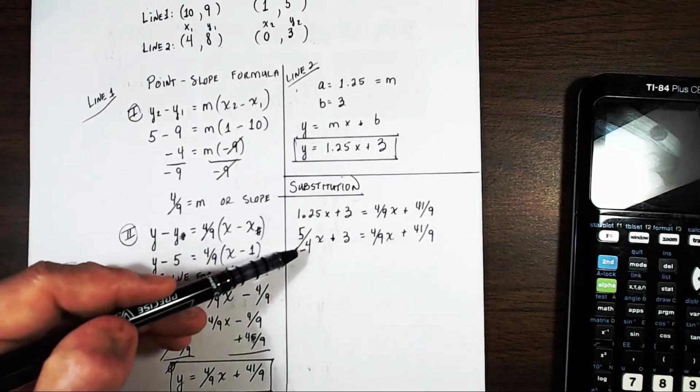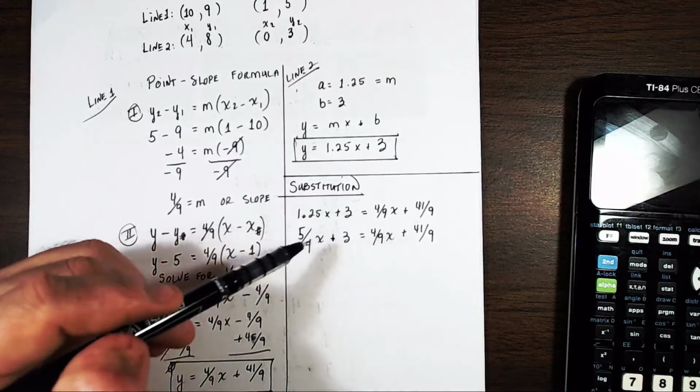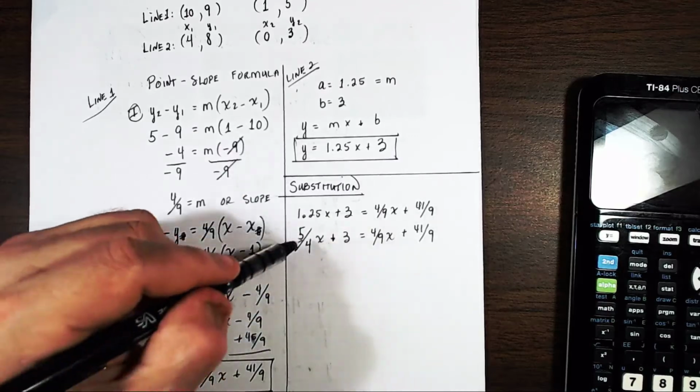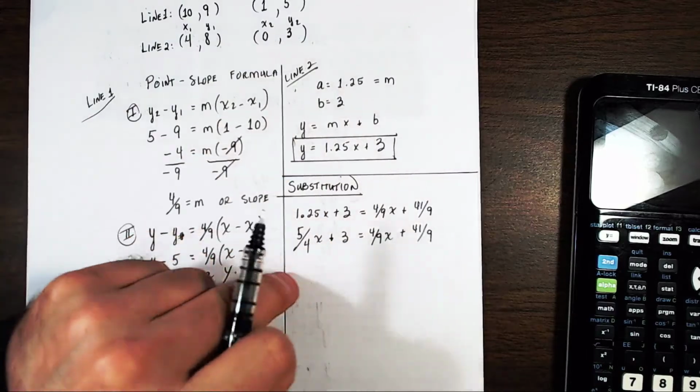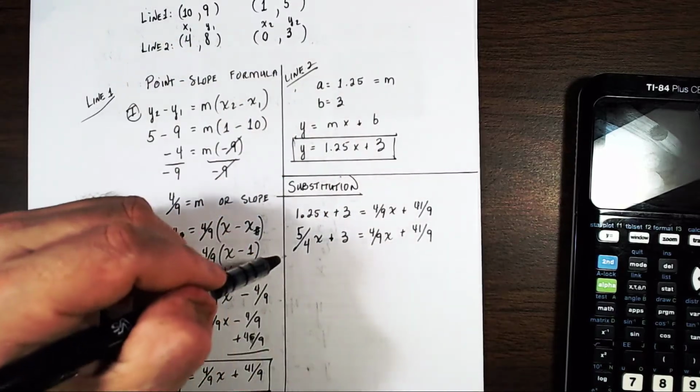But over here, look at 5/4 and 4/9, because these are the x terms. I need to find a common denominator. Well, the only common denominator that I'm aware of, the lowest common, is going to be 36.